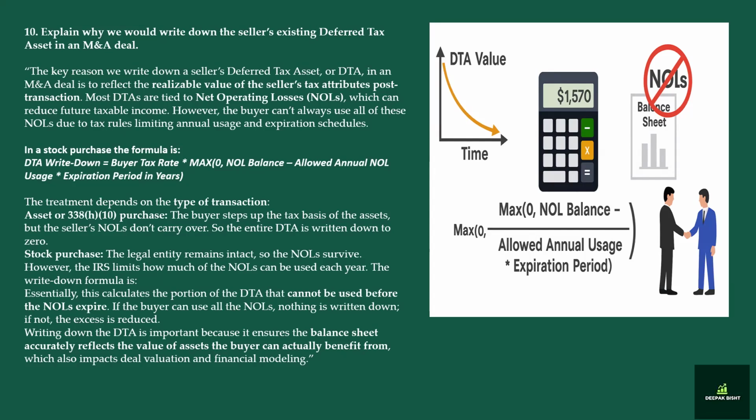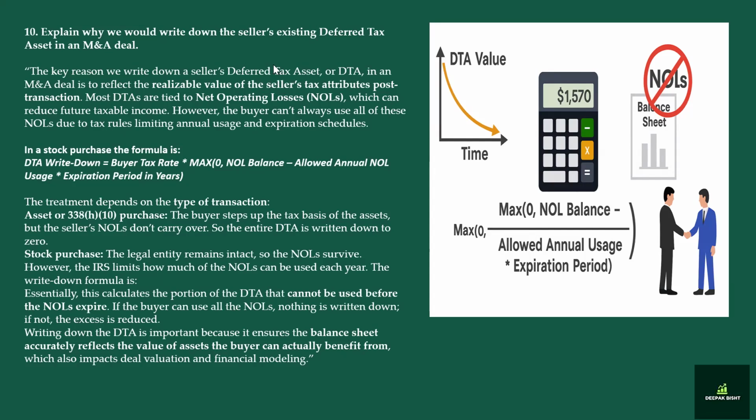Typically, deferred tax assets arise from net operating losses which are carried forward. Because it was a loss previously and we have carried it forward, we can use it, and this can create a deferred tax asset.